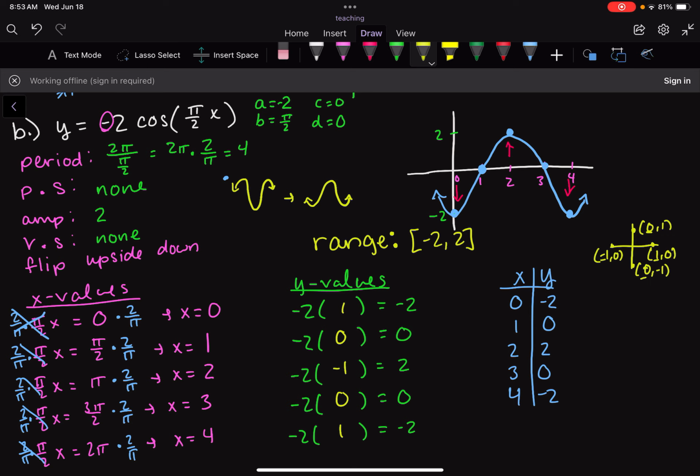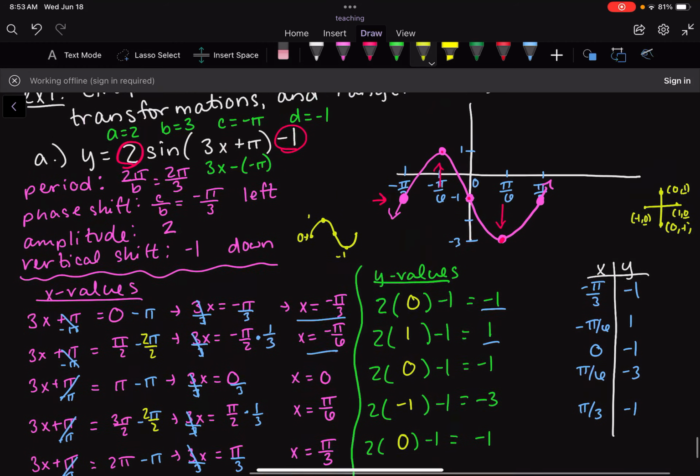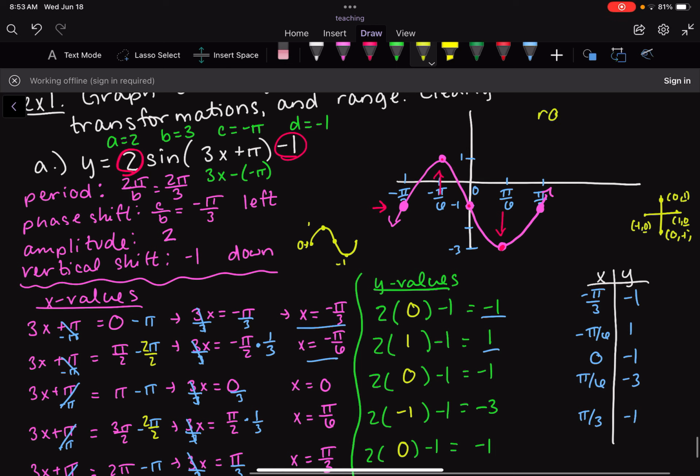The range is just always the lowest y value, comma, the highest y value. I'll scroll up to part A real quick and we'll write it for that one. So my range here was -3 to +1. And it's always in brackets since the graph really does touch those points.